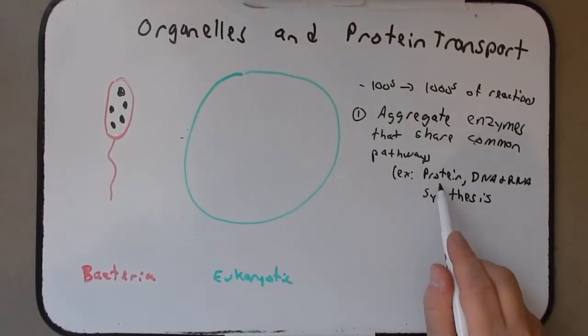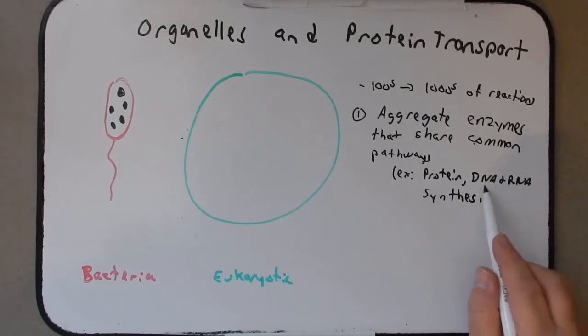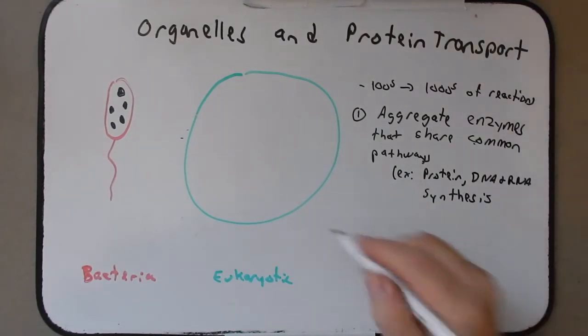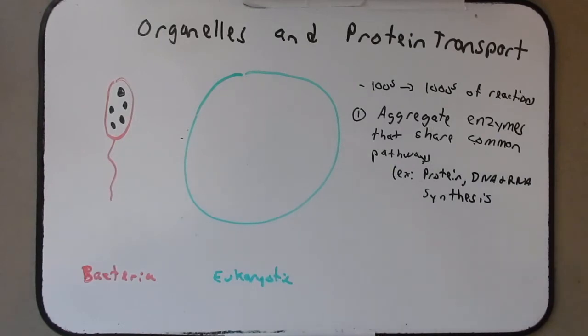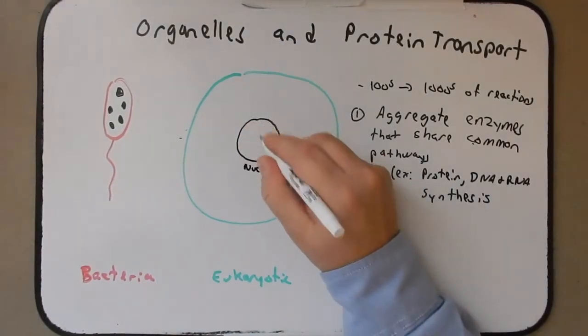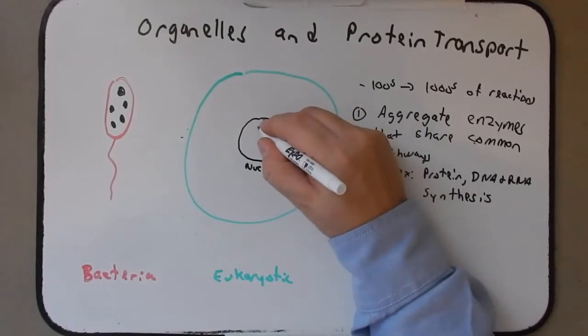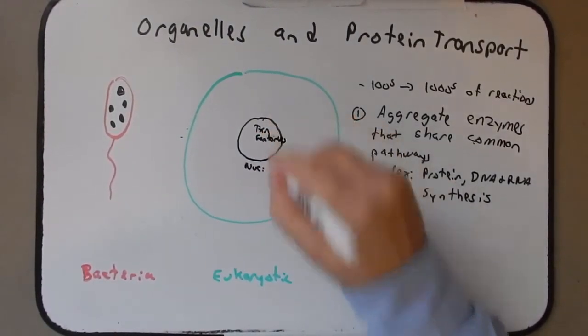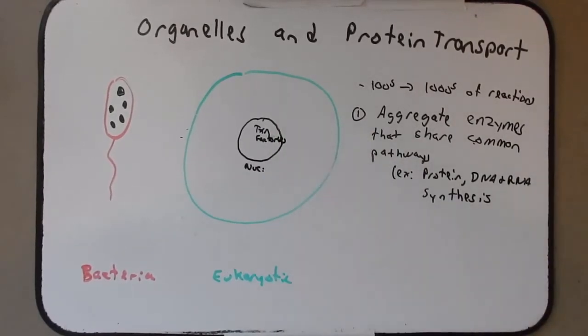Maybe they're functions in translation or replication or transcription or glycolysis. And even in eukaryotes, if we don't think about organelles yet, they will also aggregate enzymes, even within an organelle. So let's look at the nucleus. In the nucleus, there are regions that are called transcription factories. And this is where enzymes that function in transcription aggregate.